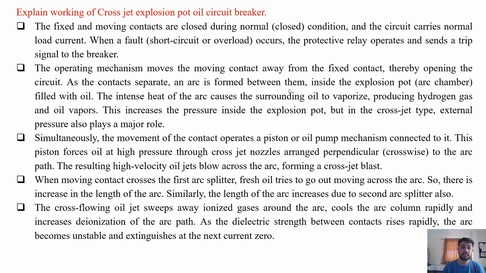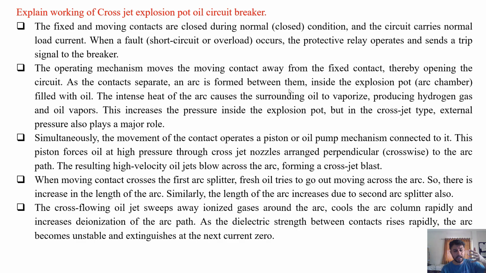Simultaneously, the movement of the contact operates a piston or oil pump mechanism connected to it. This piston forces oil at high pressure through the cross-jet nozzles, between the arc splitters there is a nozzle. This nozzle forces the fresh oil inside the arc chamber.